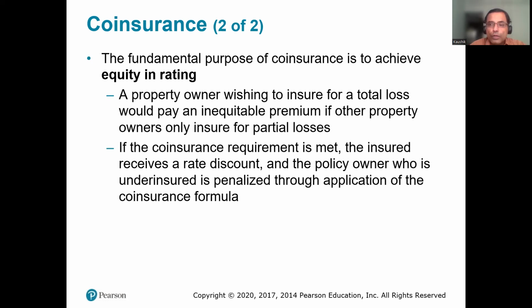So those who want to insure the total loss may have to pay a much higher premium. If the co-insurance requirement is met, those customers who want to insure total or a higher percentage of the property may get a discount in their premiums. Those who do not meet the co-insurance requirement will be penalized and forced to share a portion of the losses.